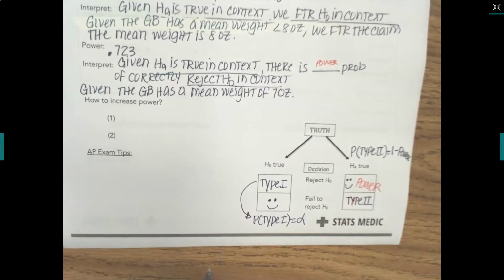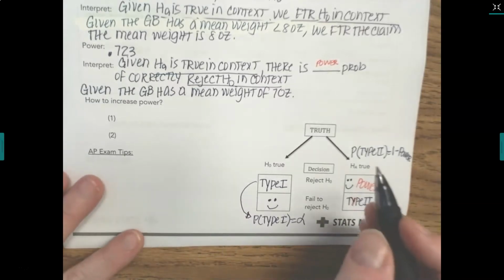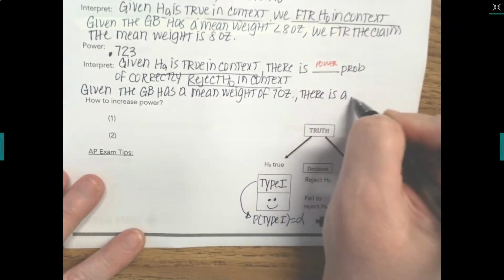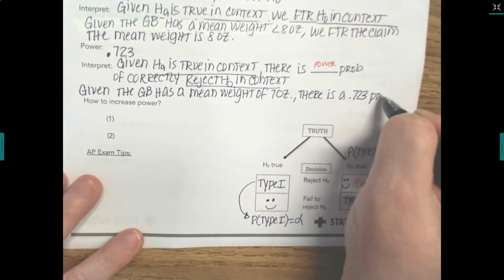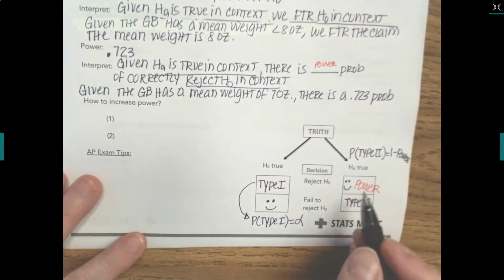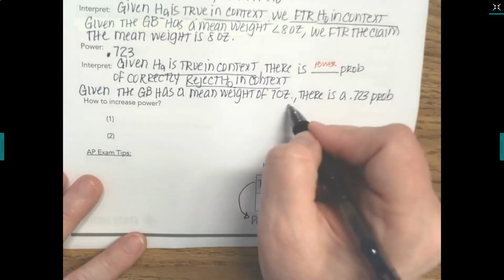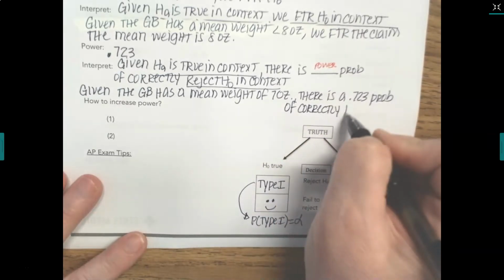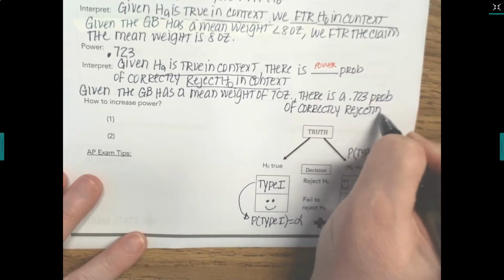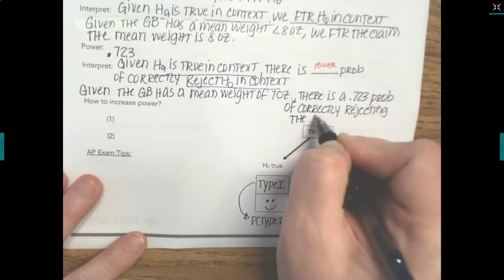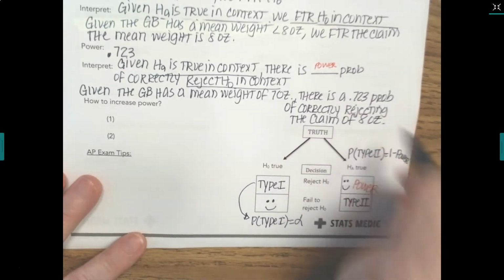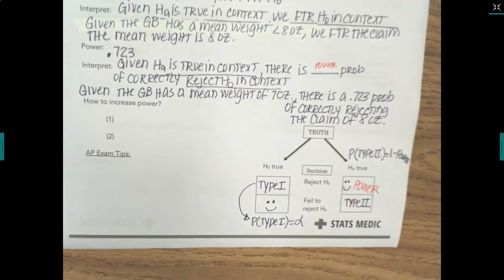Given that the giant burrito has a mean weight of 7 ounces, there is a 0.723 probability of correctly rejecting the claim of 8 ounces. All right. Okay. So hopefully that's an easy enough one for you to remember.